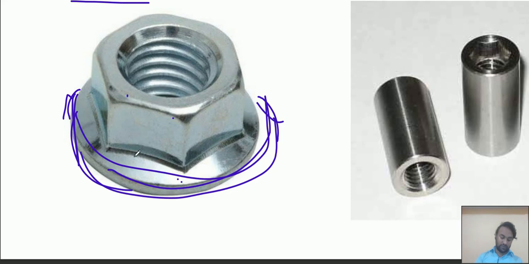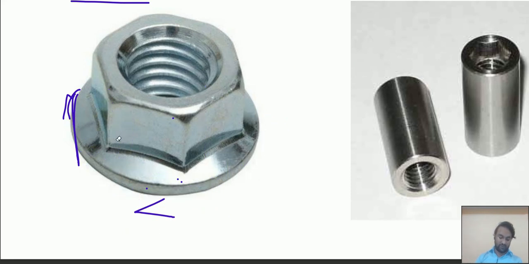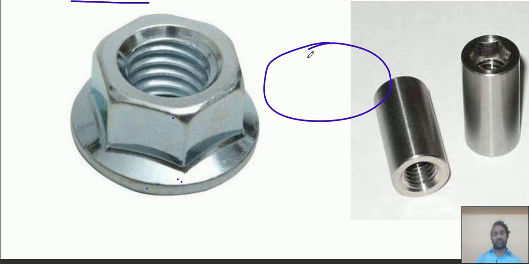See this, this is the nominal diameter of the bolt. Obviously, we use the bolt in some hole, and the size of the hole can differ. It is not necessarily the exact size of the diameter of the thread or bolt.